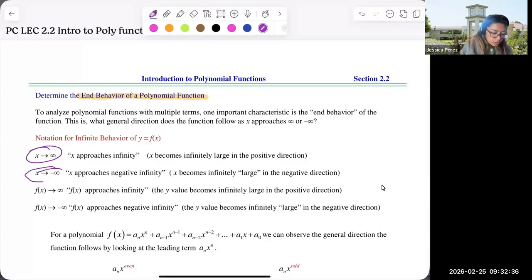As x goes to negative infinity, it's becoming a very, very small number, a very large number in the negative direction. Now, what does the function, or the y value, do? The y value goes to infinity, or the y value goes to negative infinity?